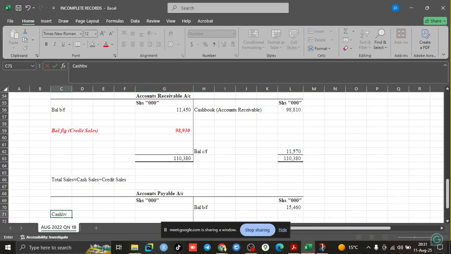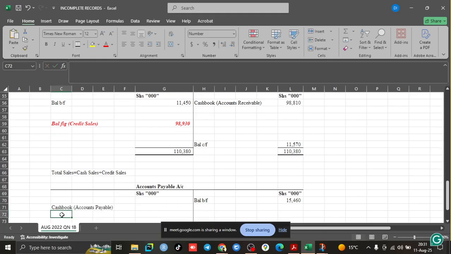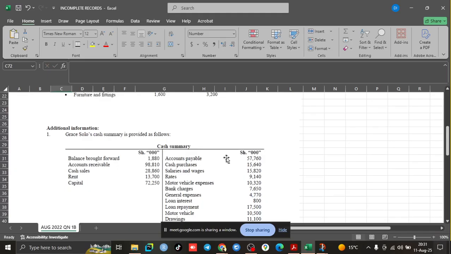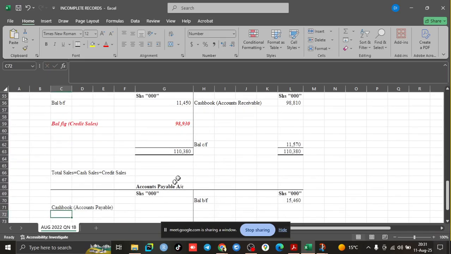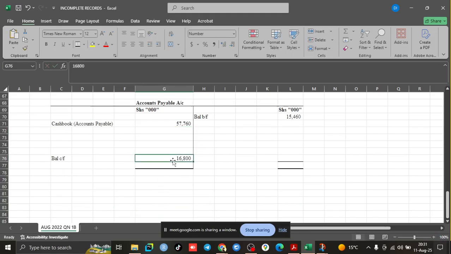So cash summary accounts payable ni 57,760. So balancing figure in this case equal credit purchases.